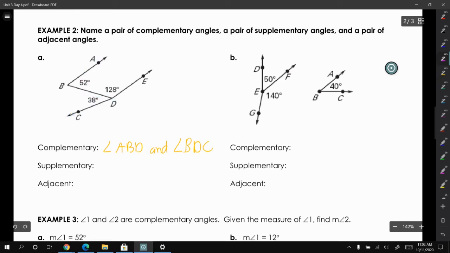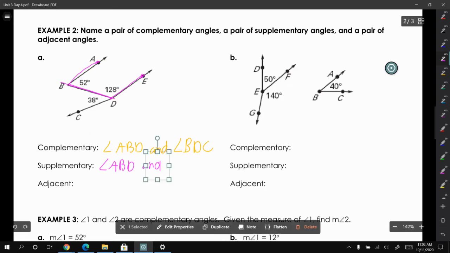Now, supplementary angles are two angles that add up to 180. So we could do angle ABD and angle EDB, because 52 plus 128 equals 180.